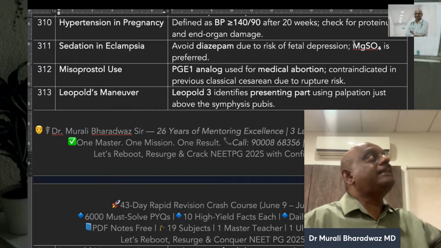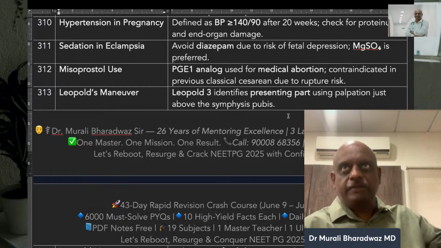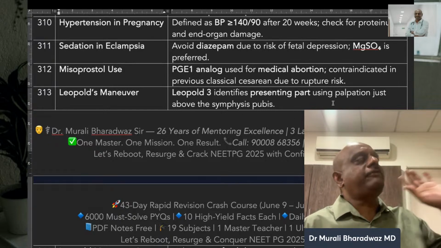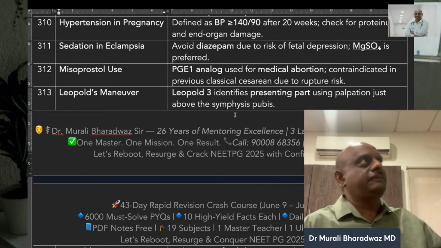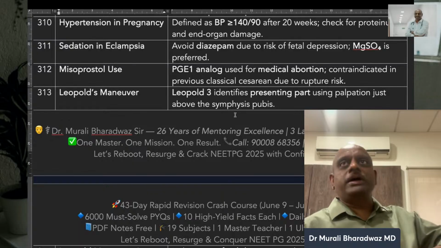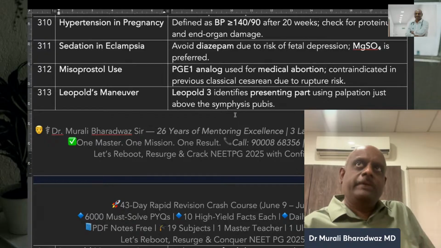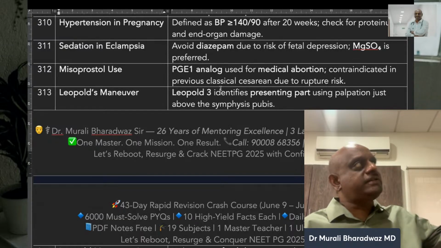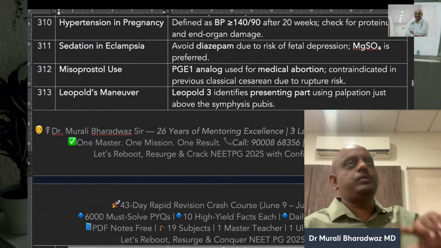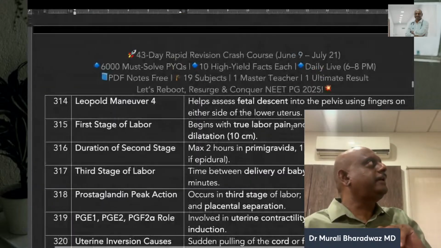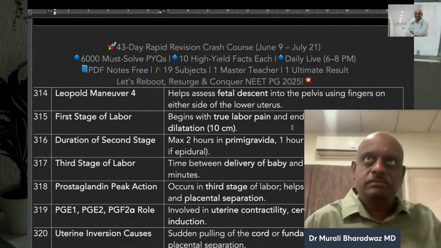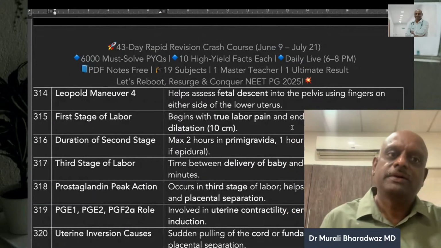In that, Leopold 3, the third maneuver, is the one which identifies the presenting part using palpation just above the symphysis pubis. You will put your hand above the symphysis pubis and know whether it is the head or the breech. So of all the maneuvers, Leopold 3 is the important one to identify breech or vertex.